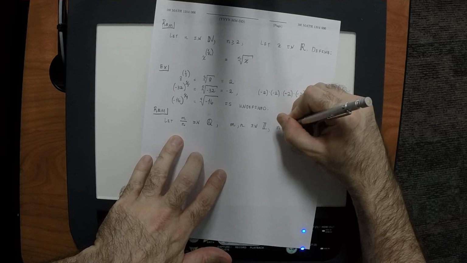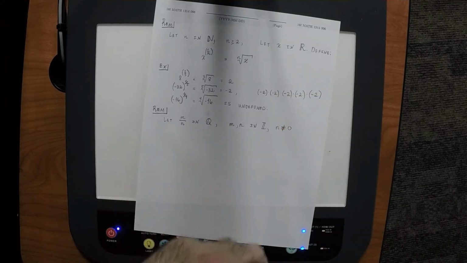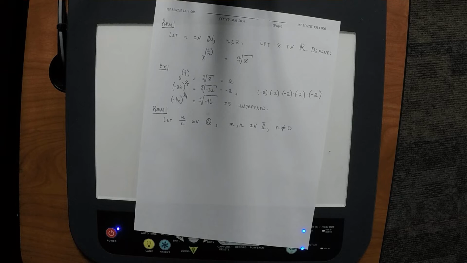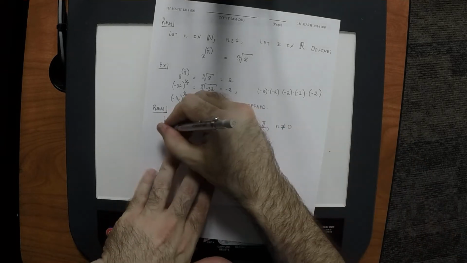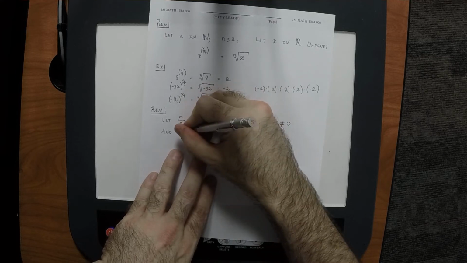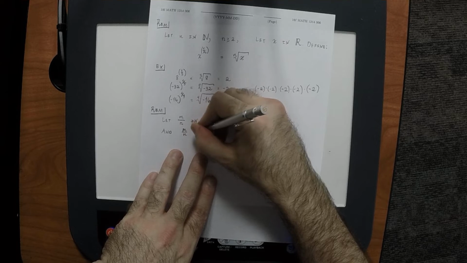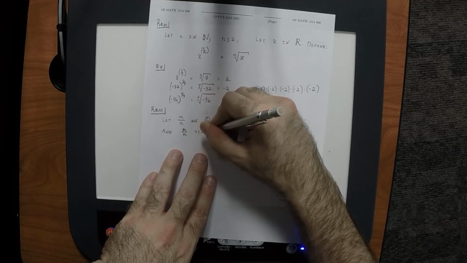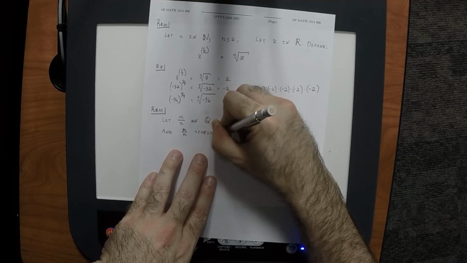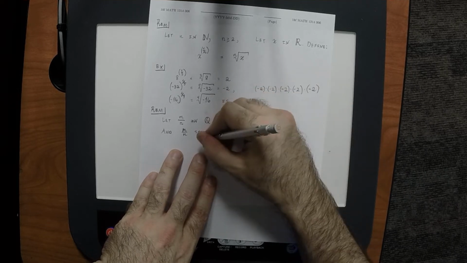But now we need one more. Besides all those things, we also need something else. We need m over n to be simplified. What that means is it's something like this.